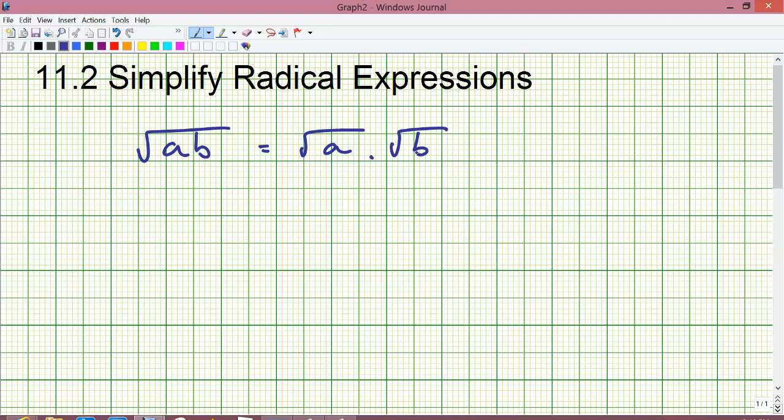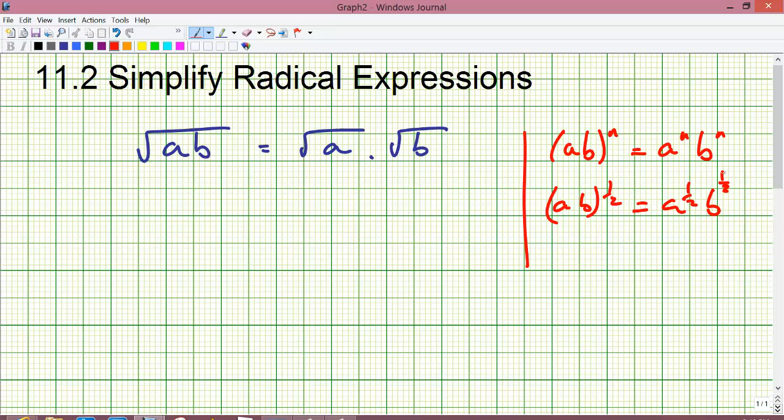Now this should be fairly familiar. This comes directly from the product property of exponents. So if you recall, if we've got a times b to the power n, that is the same as a to the power n, b to the power n. If we say that let n equal 1/2, a times b to the power 1/2 equals a to the power 1/2, b to the power 1/2.